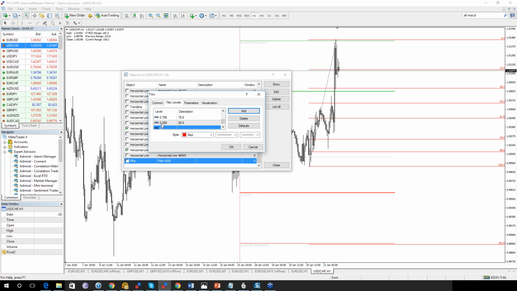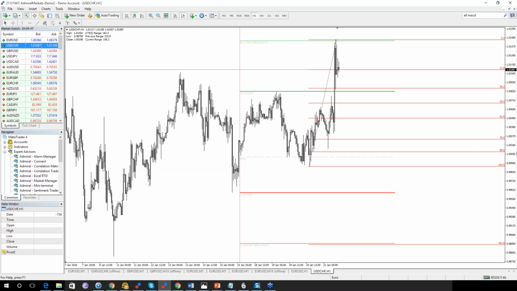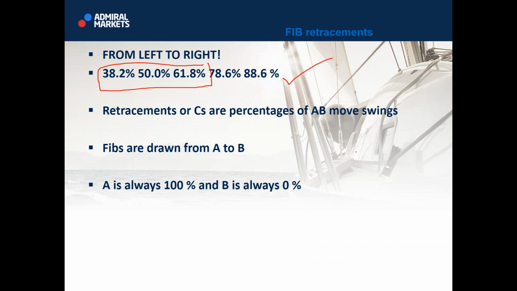In the level field, you type 0.886. In the description field, you will type 88.6. When you do that, you will see that 78.6 and 88.6 have been added to your MT4, because MT4 is not showing these two by default. So I hope this is clear, so we can continue.